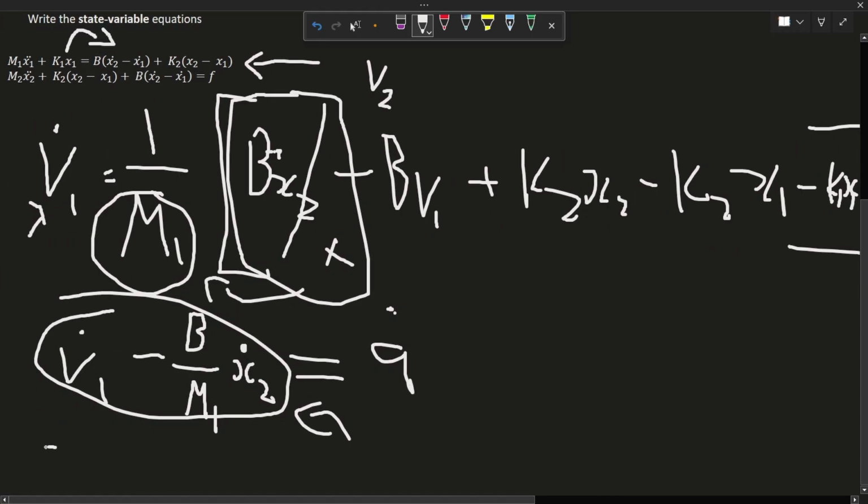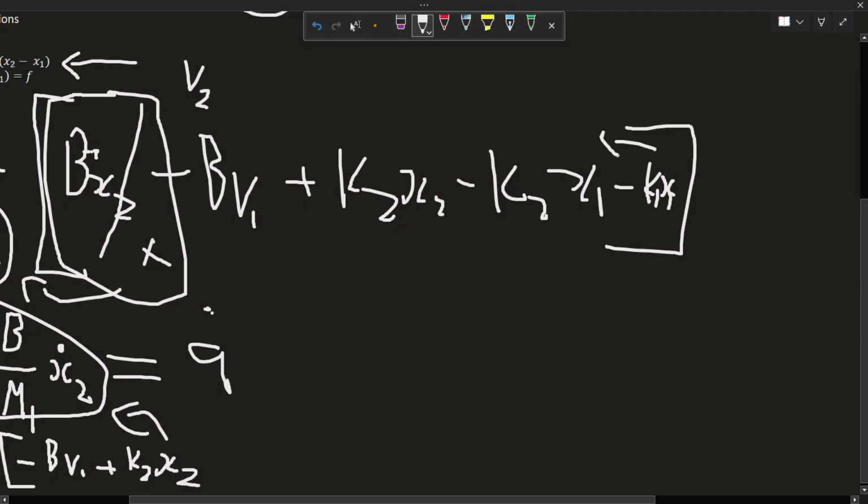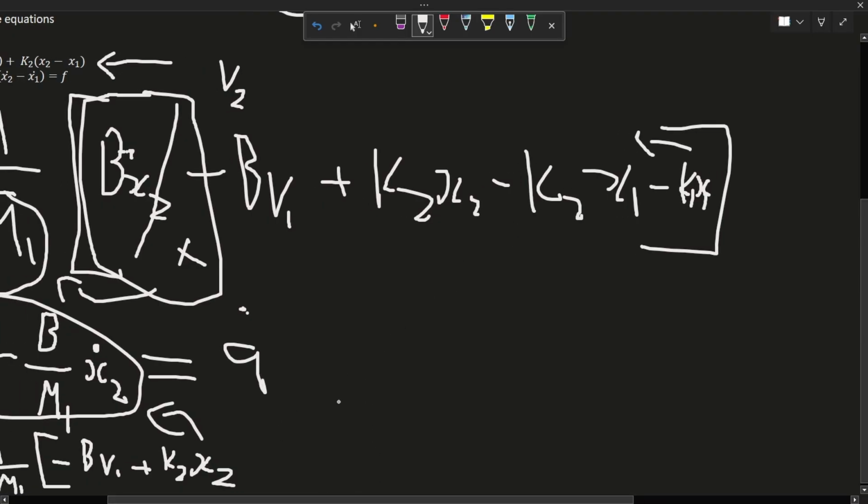So q dot is equal to 1 over m1 times negative b v1 plus k2 x2, and I'm going to factorize x1, which gives you negative x1 times k1 plus k2.